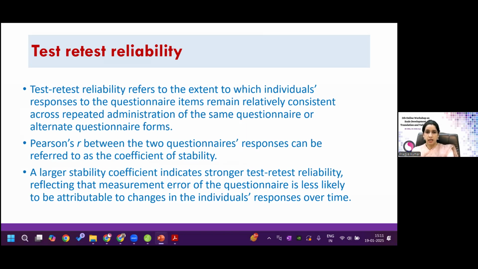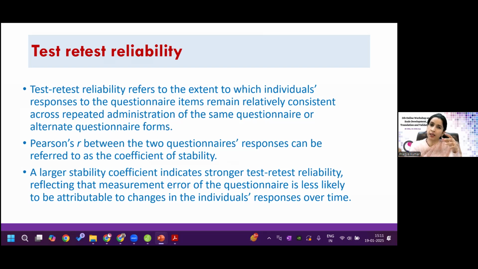In the case of the CAP study, which we have just discussed, they have calculated the test-retest reliability over a week to 4 weeks. Means initially 1 week, and then after 4 weeks they have given it again, and this should be administered to the same set of respondents. Let's say you people are here, I may administer the questionnaire to you right now, and you give responses.